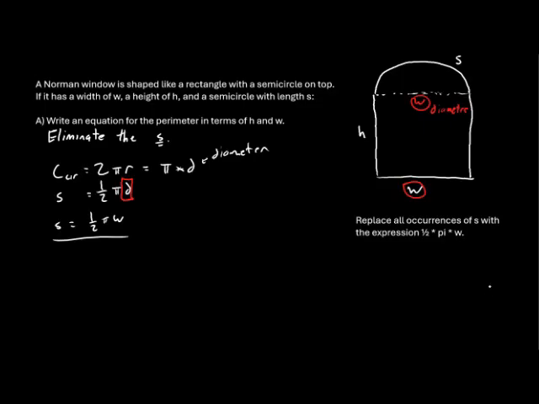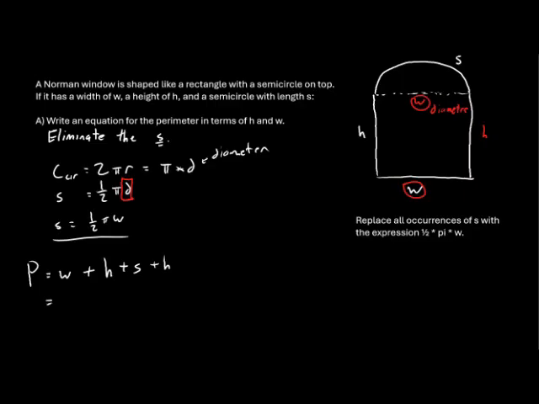With that in mind, let's try to write an equation for the perimeter of this window. We can say that the perimeter will contain a W on the bottom, it will contain a height on the left, it will contain an S on top, and then it must contain another height on the right.